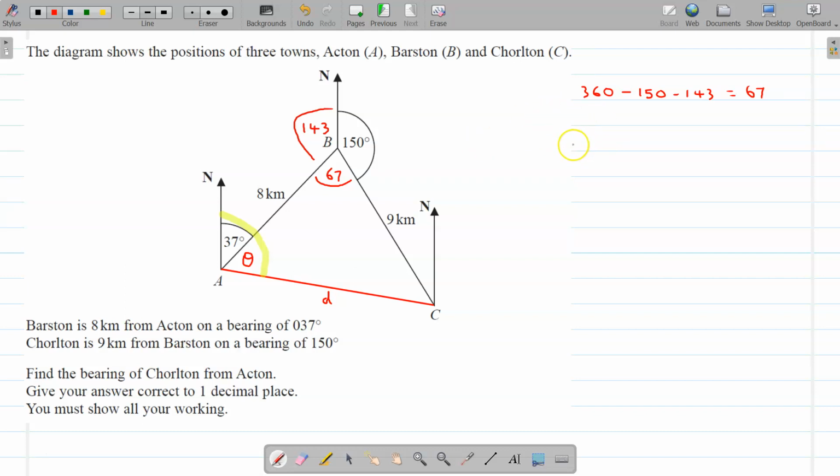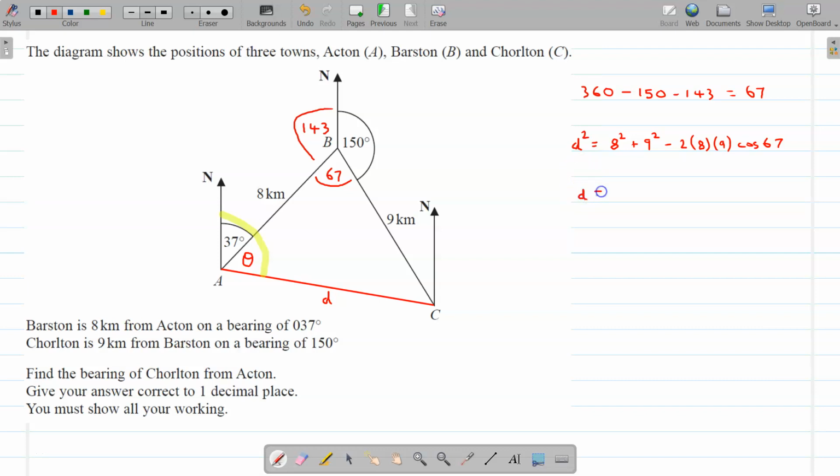I'm going to say d squared equals 8 squared plus 9 squared minus 2 times 8 times 9 times the cosine of 67. And if I rearrange that, I get that d equals, so you can do this on the calculator, of course.